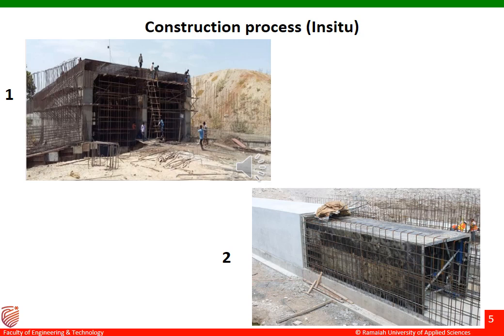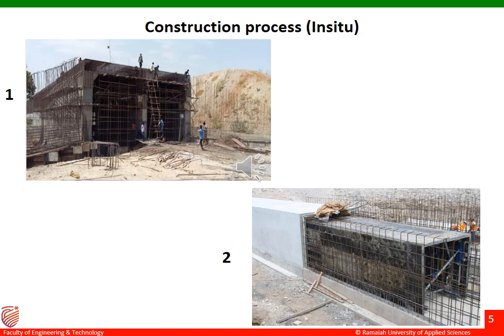Here also, you know that for the box culvert there is no need of any additional foundation components, because the bottom slab of the box culvert itself acts as the foundation. You cannot directly place the bottom slab over the soil, so you have to prepare the sub base.